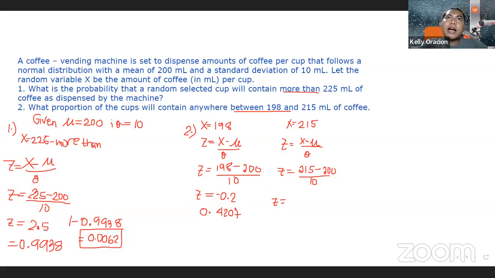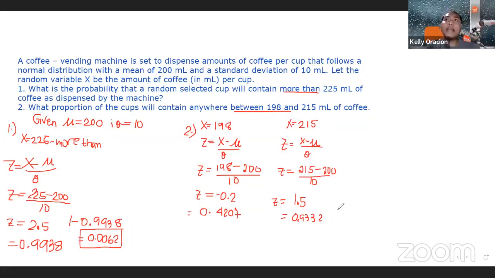Rafaela, what's the z-score? 1.5, sir. And what is the tabular value? 0.9332, sir. That's correct. The tabular value is 0.9332.